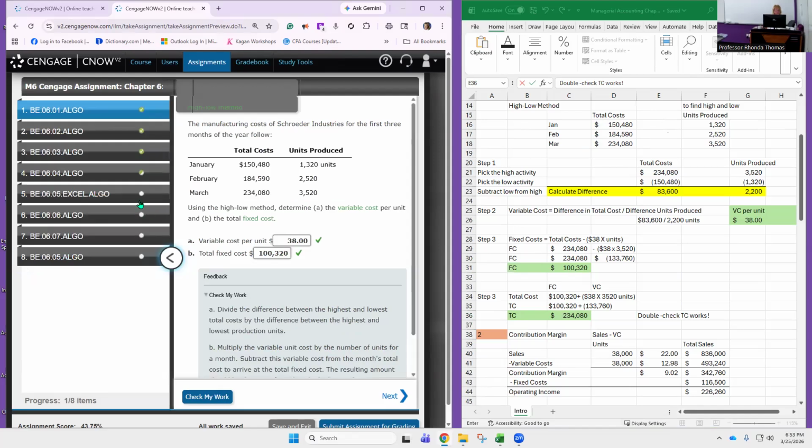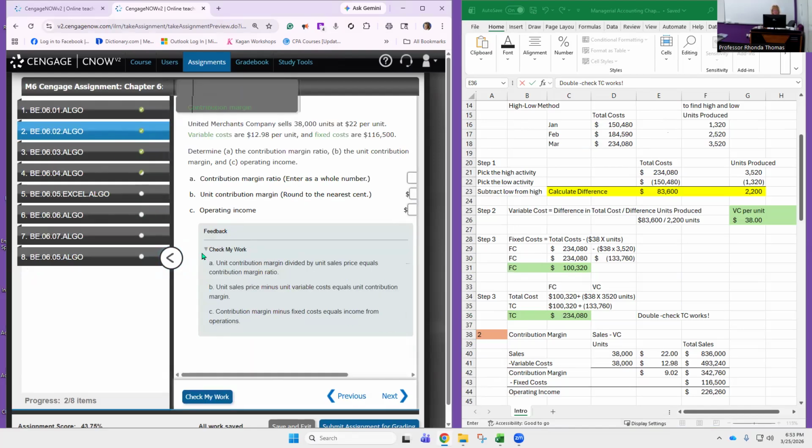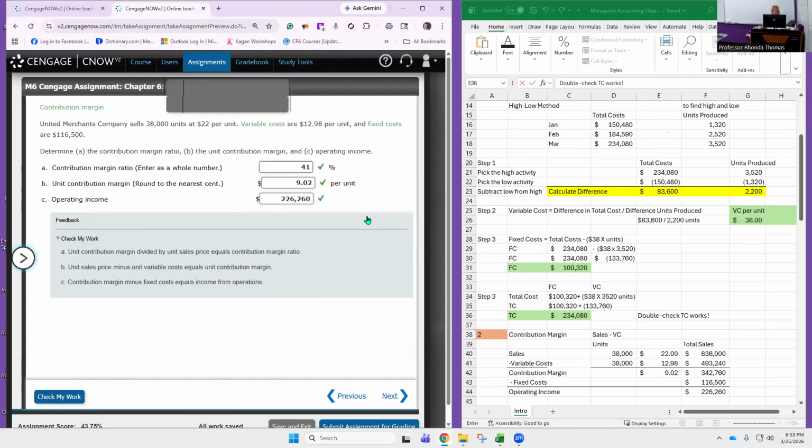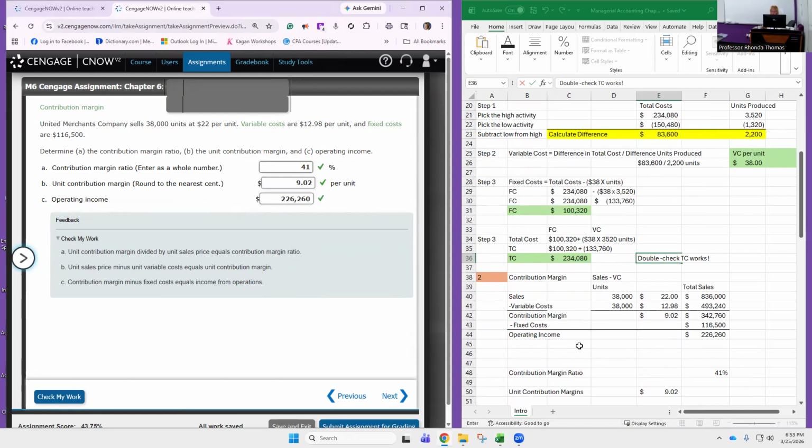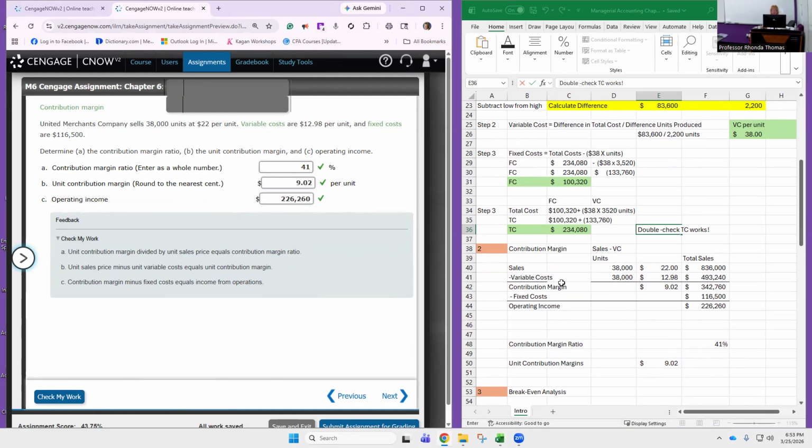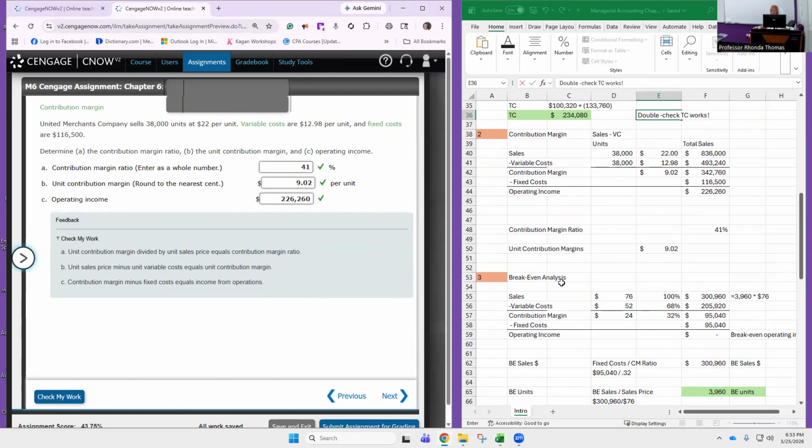Okay. All right, the next one is number 2, and we need to start getting used to some words. Okay, we're going to learn about the contribution margin. We've seen gross margin. We've seen gross profit.